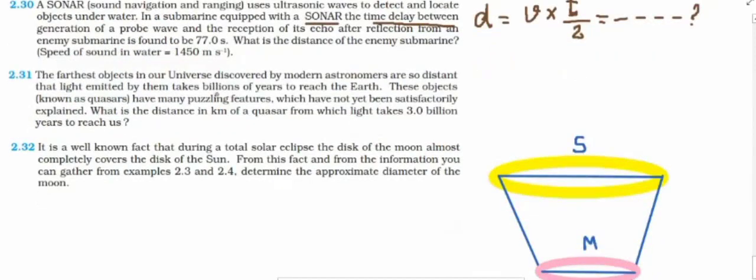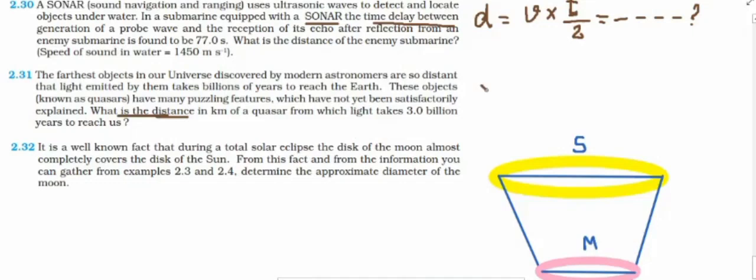Then question 31. Here 3 billion years time is given. What is the distance that light will travel after 3 billion years?